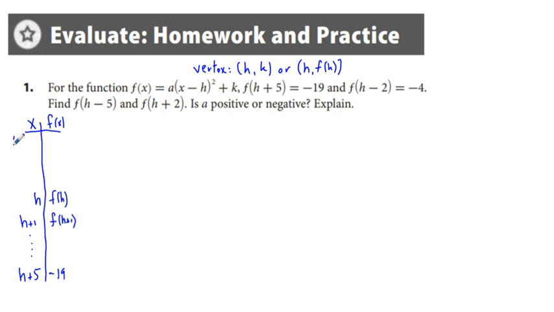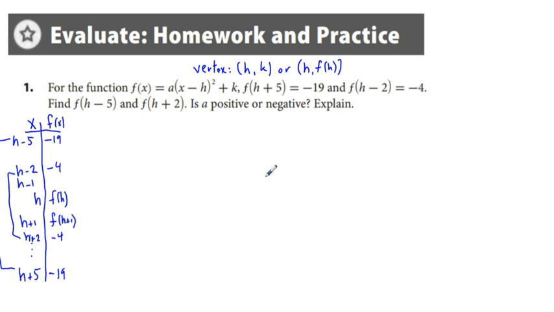We're going to put h minus 5, and f of h minus 5, because we're equidistant away, is also going to be negative 19. And then we're given f of h minus 2. Well, here up above is h minus 1, h minus 2. That's going to be negative 4. And so therefore, f of h plus 2, because of the symmetry, is also going to be negative 4.